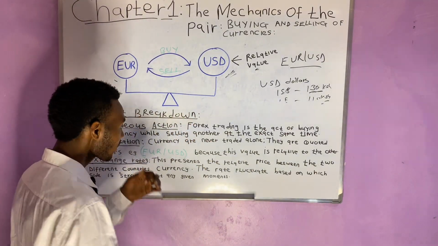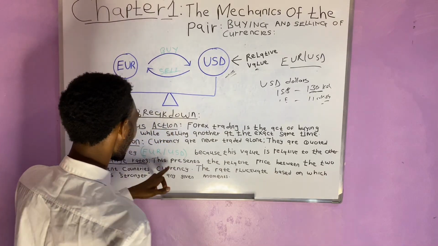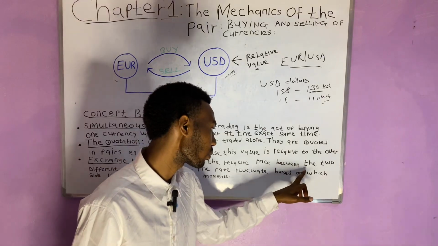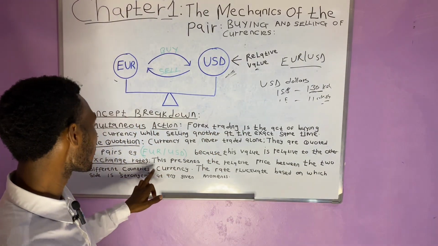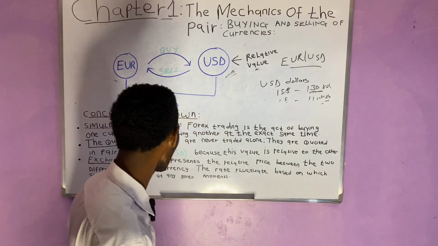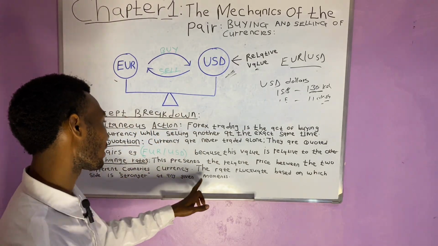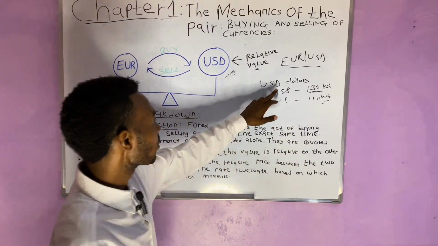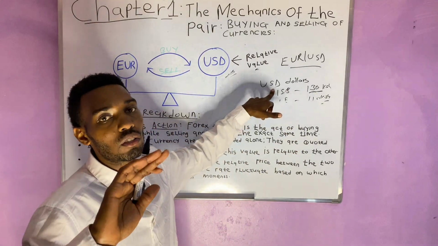You see? Now, we go to the exchange rate. This presents the relative price between the two different countries' currencies. The rate fluctuates based on which side is stronger at any given point. Now, as I've told you, the USD is always stronger.